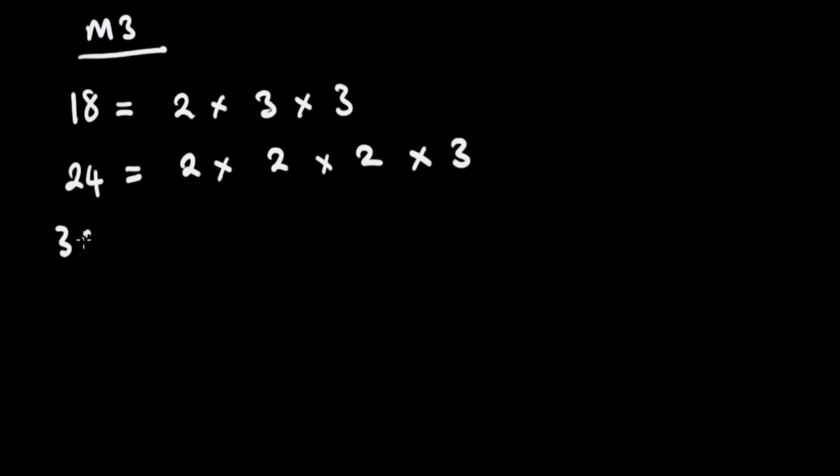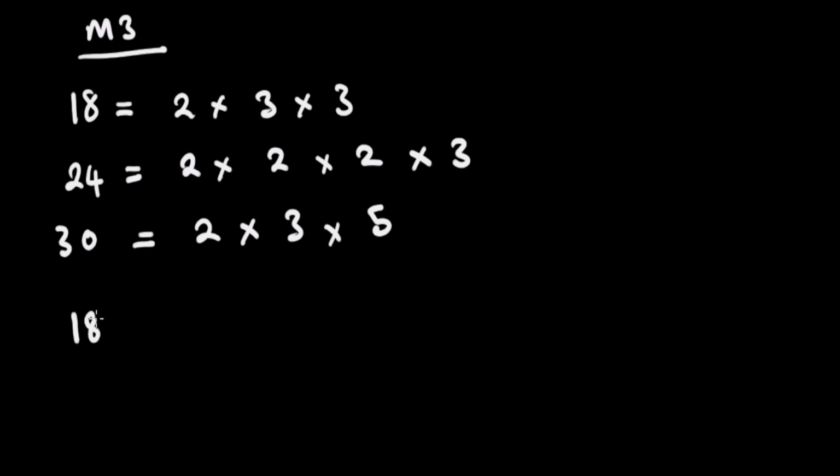Ndobva tati isusu 30 iri equal to 2 times 3 times 5. Tiri panapa toda kunyora mafactors aya but tichimaexpressa as powers.